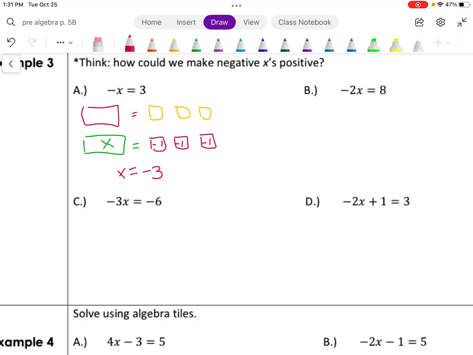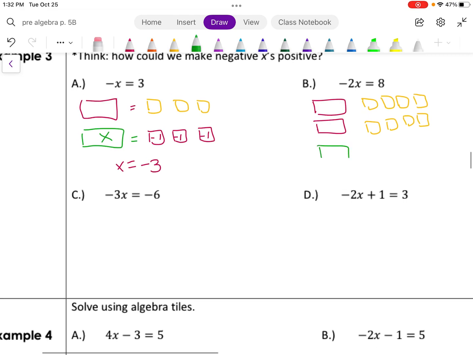So letter B, negative 2x equals 8. I've got 2 negative x's, and I've got 8 positives here. So how could we make them positive? We could flip everything, right?